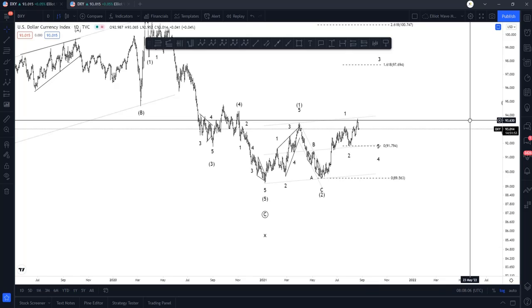Using the wave principle, we can give ourselves an indication of how far the dollar may go or how far the dollar may not go, using gold and the 10-year yield, but we use them in combination because there have been times when gold has moved higher and the dollar has moved higher, and vice versa.